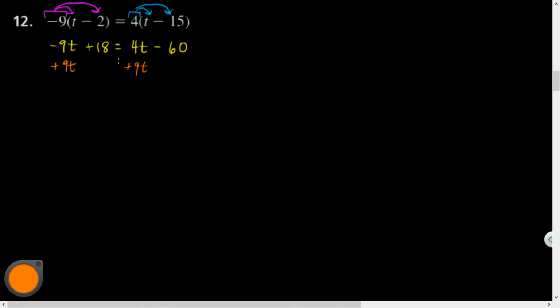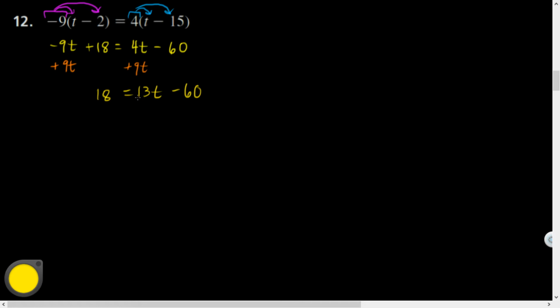Both sides of the equal sign. I've even seen some people draw a line straight down that. If that helps you out for a little bit, you can do that. But eventually I'd want to have our nice clean algebra here. So 18 equals 13t minus 60.